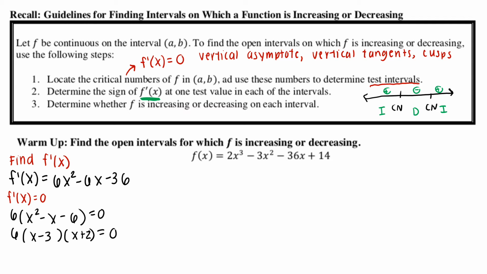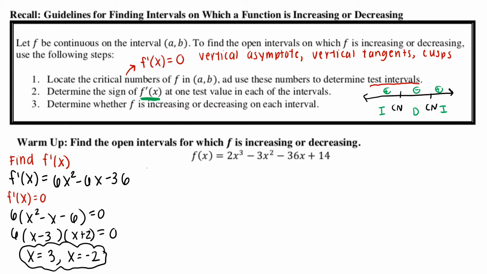So we get critical numbers of x equals 3 and x equals negative 2. Scanning our equation, we don't have any vertical asymptotes, vertical tangents, or cusps. We don't have a denominator that's going to have a problem, so those are all the critical numbers that we have.